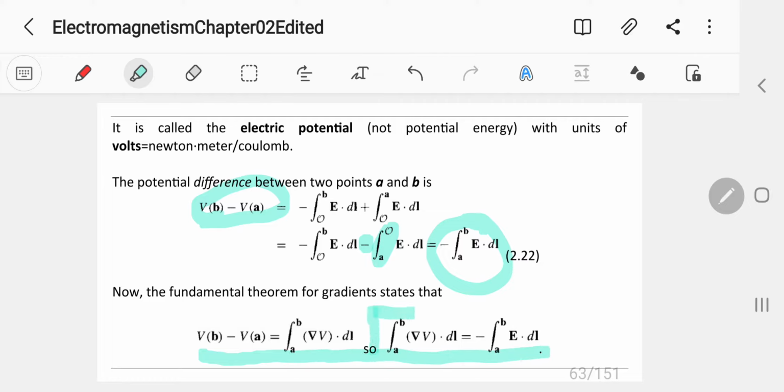This is now the definition of the potential difference between two points A and B.